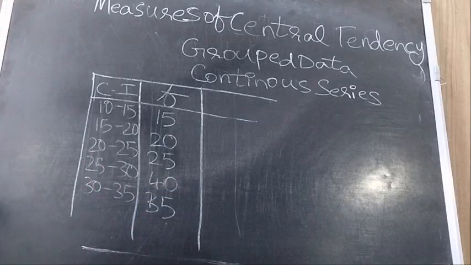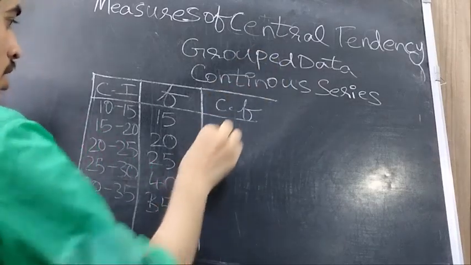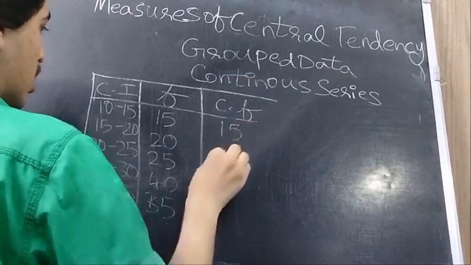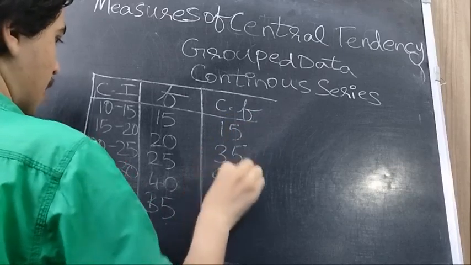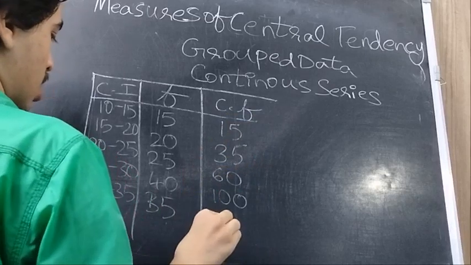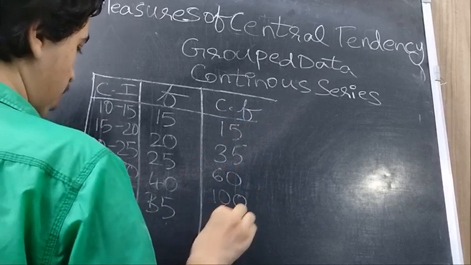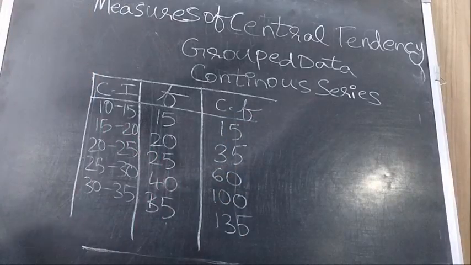First we have to find the cumulative frequencies here also, that is CF: 15, 35, 60, 100, and 135.